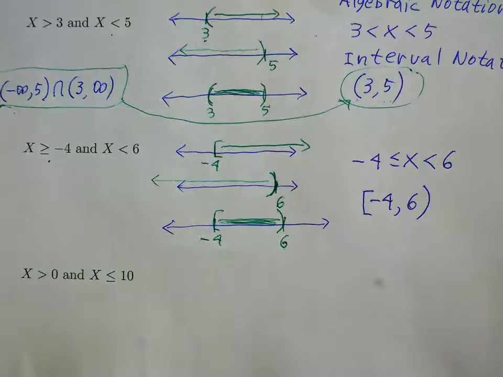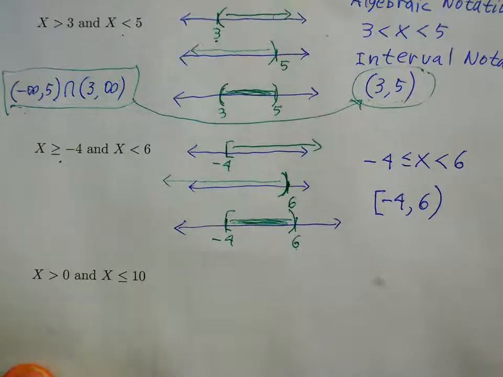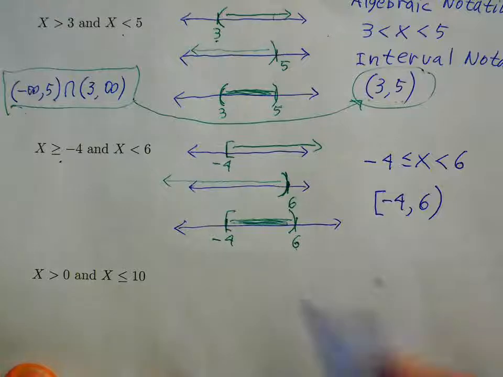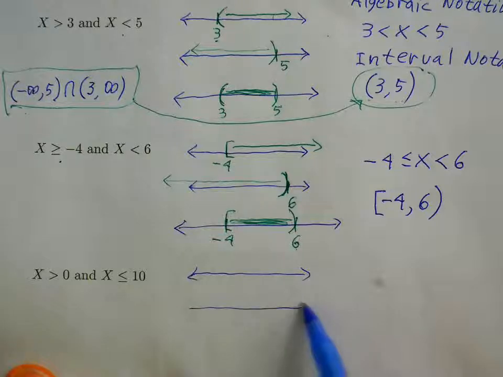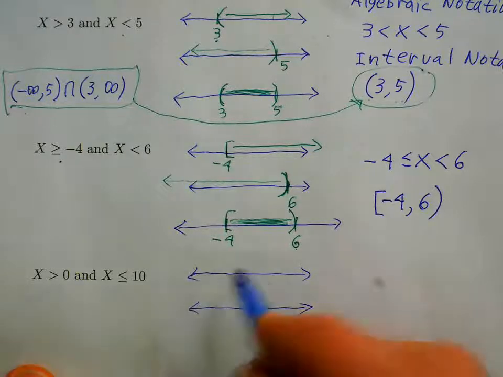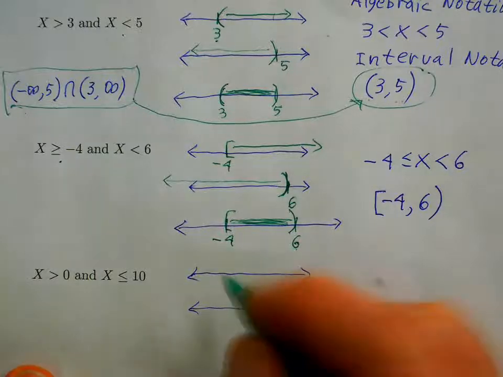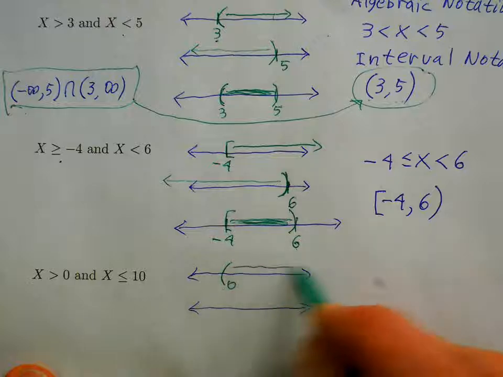Okay, we can probably pick up the pace a little bit if you're catching on. Okay, x is greater than 0 and x is less than or equal to 10. I'll still do the graphs. Two different number lines. If x is greater than 0, then we have a parenthesis at 0 and shade to the right.